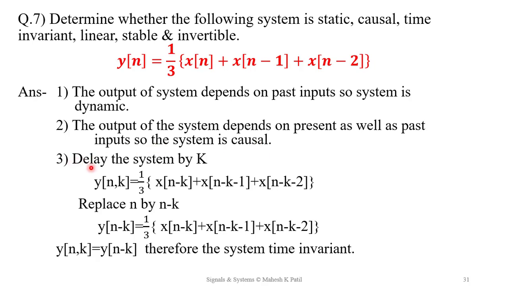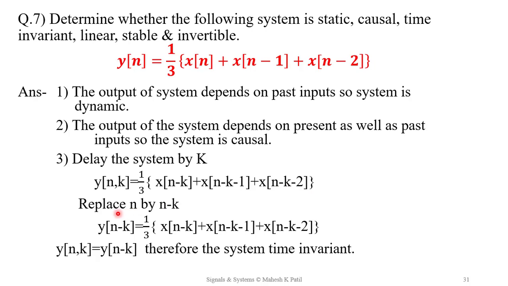Now for time variant or time invariant system, we'll delay the system by k units. So we'll get y of n comma k as 1 by 3 in bracket x of n minus k plus x of n minus k minus 1 plus x of n minus k minus 2.